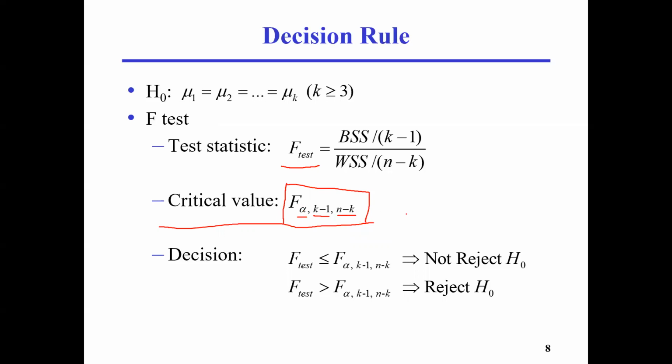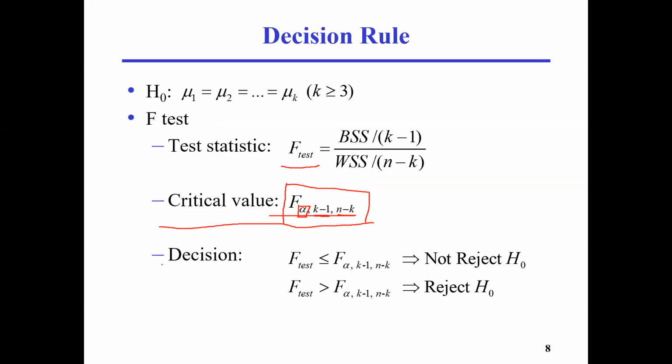If you go to table A5, you'll see that it's a multiple-page table. Each page is for a specific alpha value, which means as long as you have decided the alpha value, you go to that specific page for the F-test. Then you use V1 and V2 to find a specific entry, and that's your critical value.